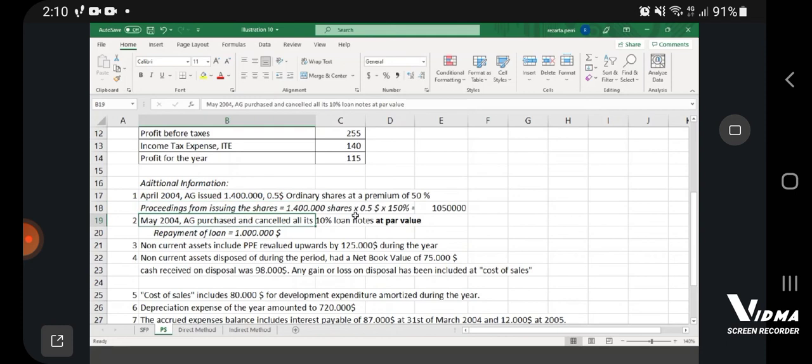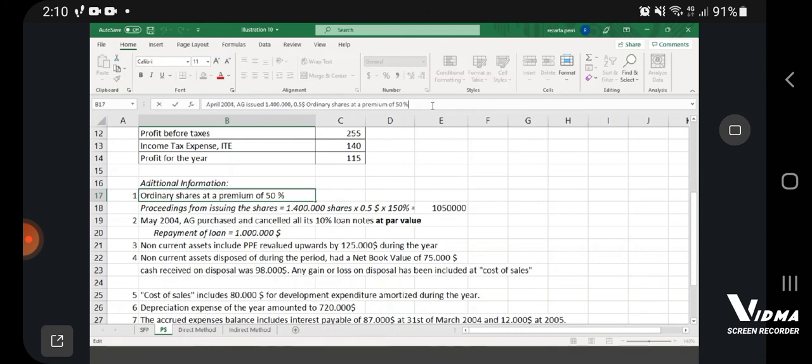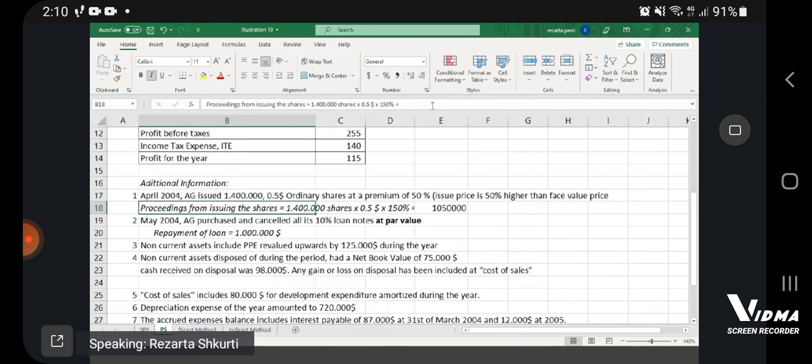That is because we have issued the ordinary shares at a premium of 50%. Issuing at a premium of 50% means that the issue price is 50% higher than face value price. And face value price is $0.5. So again, issue price is 50% higher than 0.5.